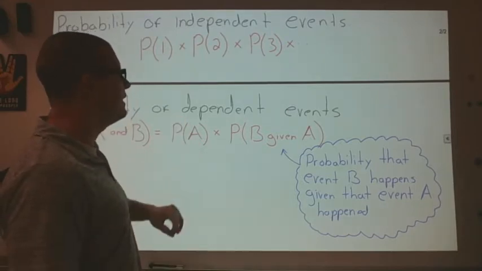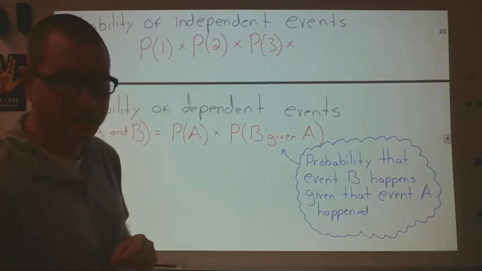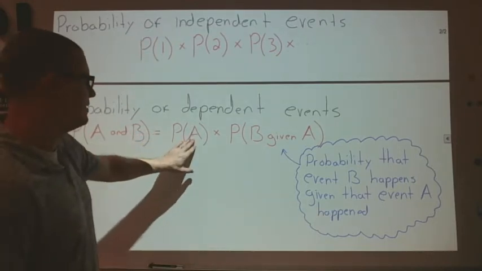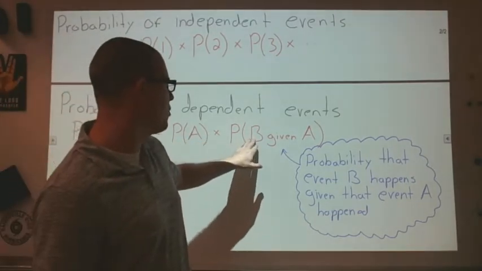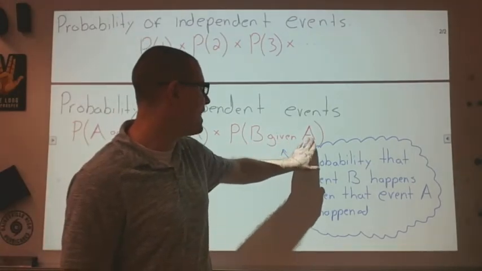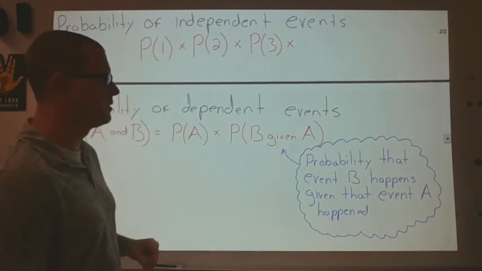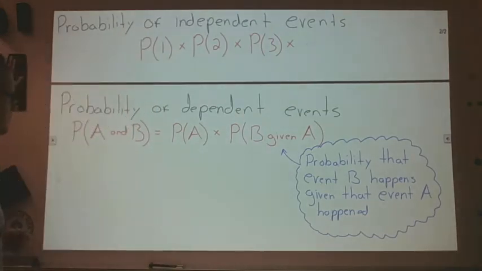Just multiply them straight together if they are independent. But the probability of dependent events gets a little trickier. It's the probability of A multiplied by the probability of B given that A has occurred. This is the hard one to figure out sometimes, but we'll see some examples.